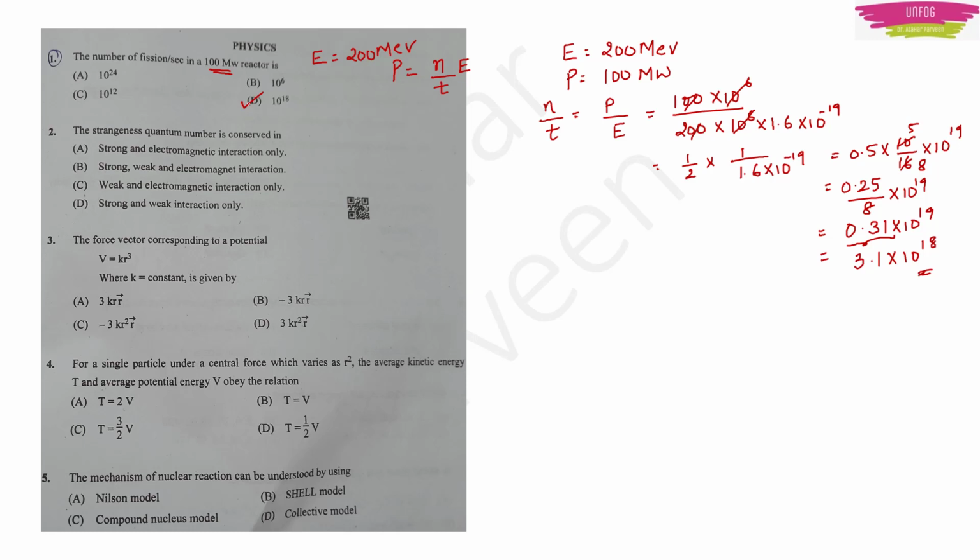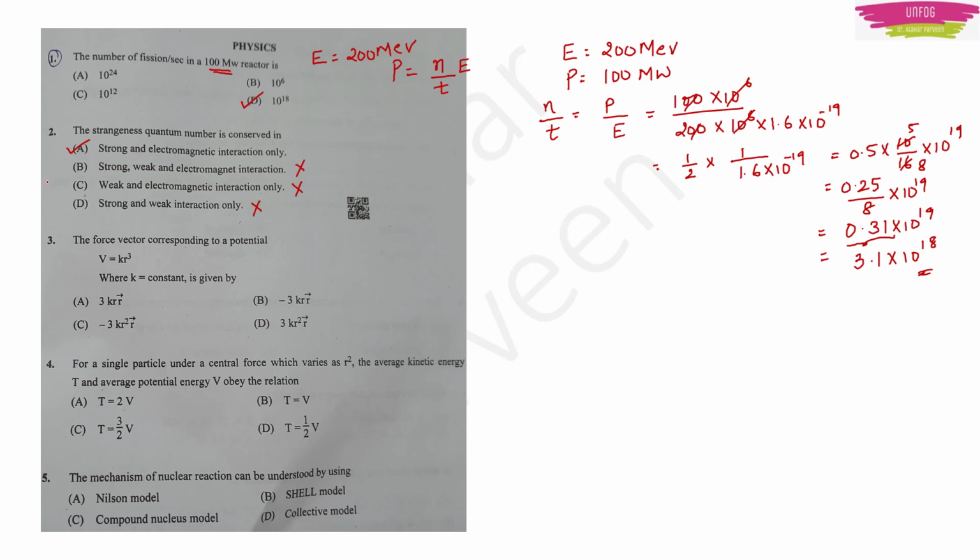So strangeness quantum number is conserved in strong and electromagnetic interactions only, but not in weak interactions. So here in option B, they have included weak interaction. So this is the wrong option. And in option C, they have not included strong. So this is also a wrong option. Weak interaction, I told you, it is not there. So option A, only strong and electromagnetic interaction, is the right answer.